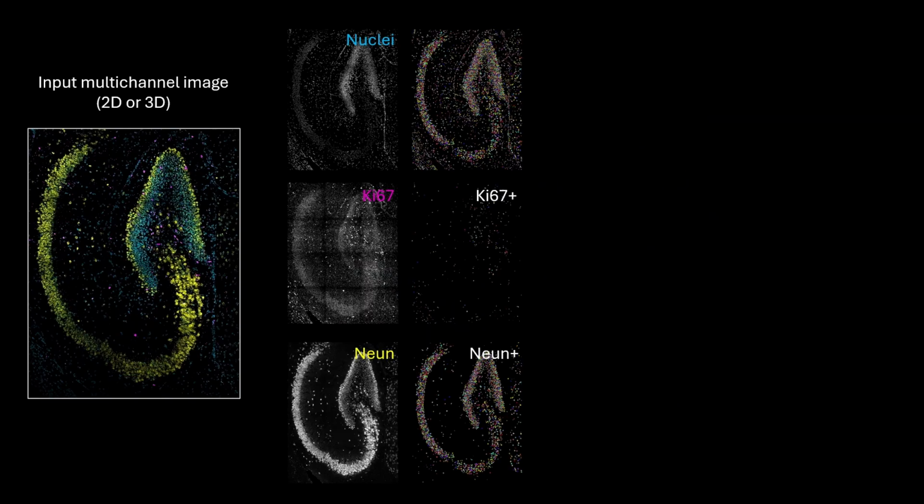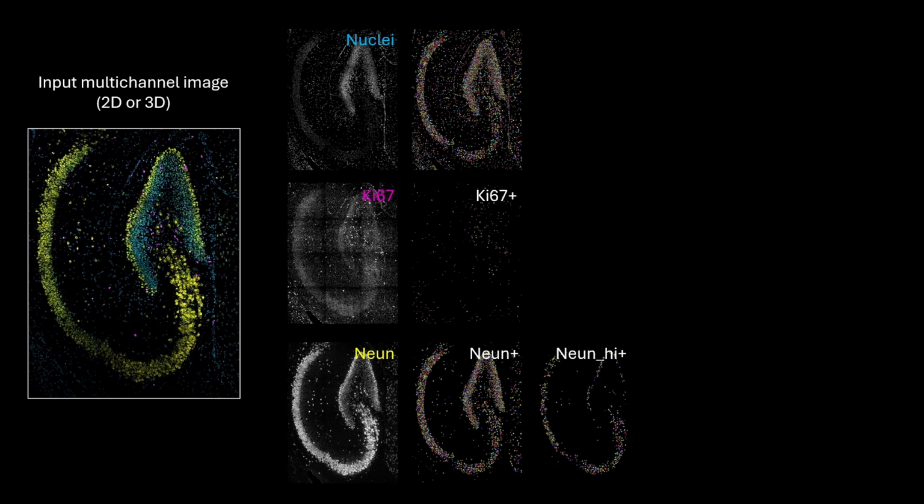Once we have defined the cellular compartment in which our markers are present, for example, nucleus for Ki67 or whole cell for NeuN, one can start defining cell populations that are positive for said marker in 3 ways that I will cover later on. So from the total nuclei, you can extract and quantify only the Ki67 proliferating cells or the NeuN positive cells.